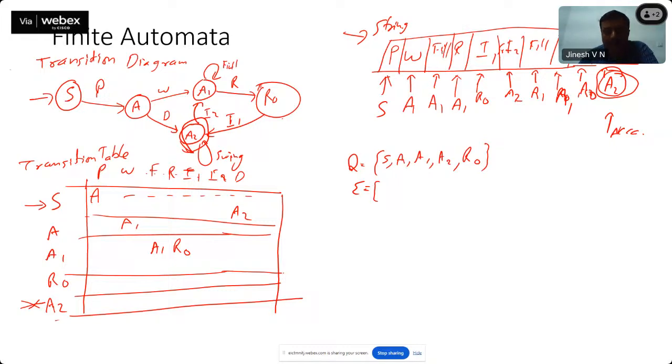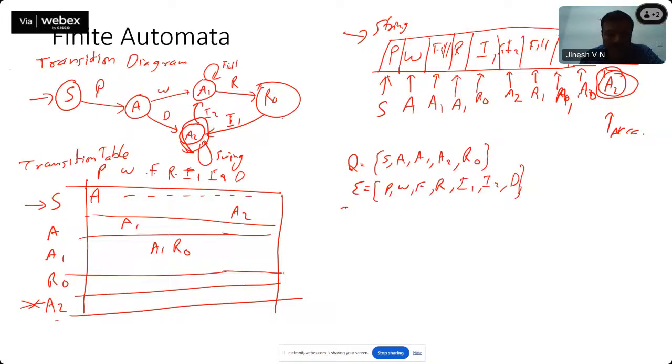In our case it is P, W, fill, R, I1, I2, then D. D is also already written. So the set of all defined inputs for the machine, we will write within the set symbol. Then we need to represent which is the start symbol of the machine.